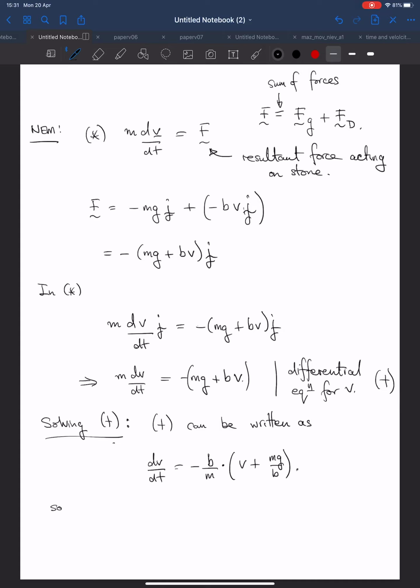So divide by this factor, and then we get this. 1 over v plus mg over b, dv by dt equals minus b over m. And next, what we'll do is we'll integrate with respect to t.